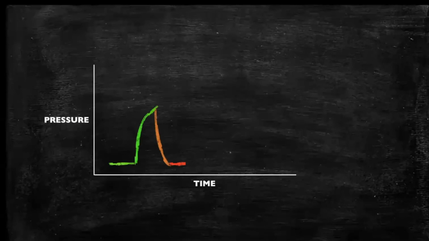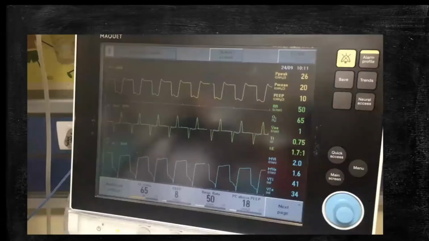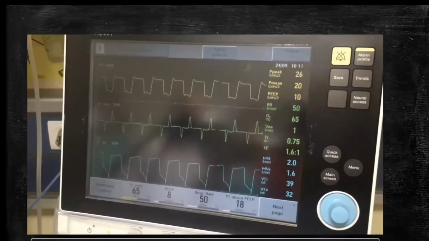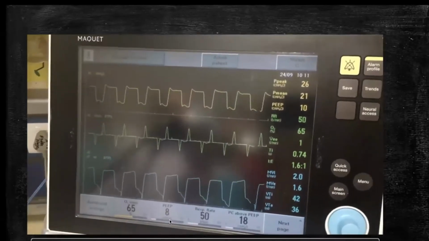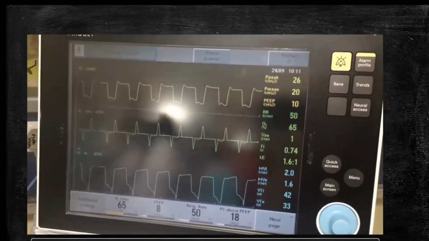And in pressure time scalar, when you apply an expiratory hold, you will see some pressure which is trapped in the lungs during expiration, which is called auto PEEP or intrinsic PEEP. So when we apply, like in this case, there is a set PEEP of 8. You can see on the ventilator, PEEP is set at 8.